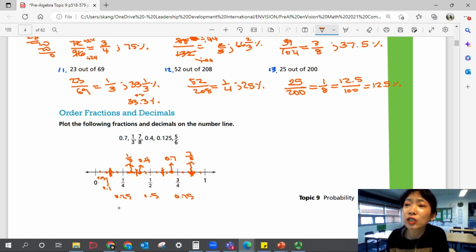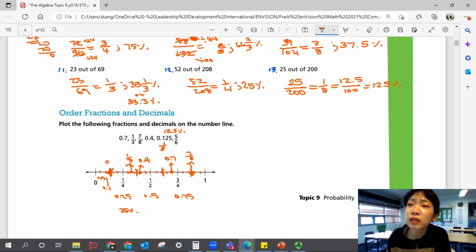Think about percentage. That's 25%. 12.5% is half of 25, right? So it's one of the bigger tick marks we divided. So it's 1/8. 0.125 is actually 1/8 of 1.